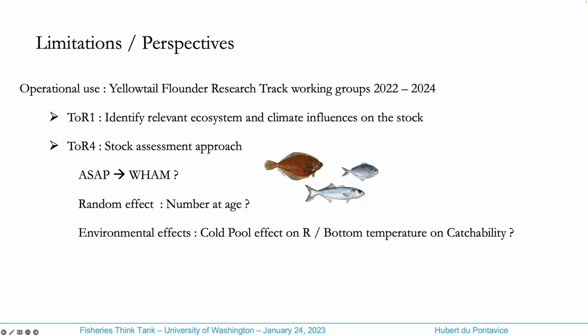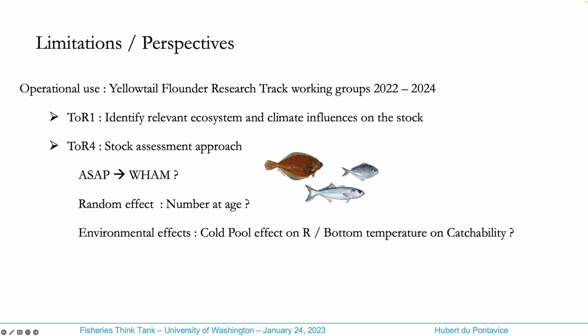And then in some months, we'll work on the stock assessment approach. As I mentioned earlier, yellowtail flounder stocks on the Northeast Shelf are assessed using the Age Structure Assessment Program, ASAP, and different stock assessment platforms will be considered, including Stock Synthesis and WHAM.